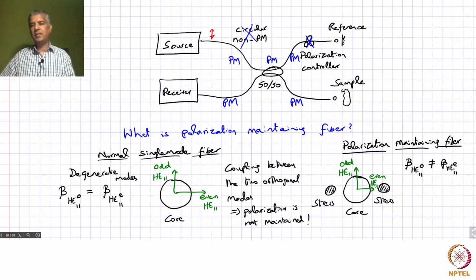When we have this condition, then when you couple into one wave, you do not have enough perturbation. In other words, you make this waveguide birefringent, meaning the effective refractive index that the odd HE11 mode sees is different from the effective refractive index that the even HE11 mode sees.